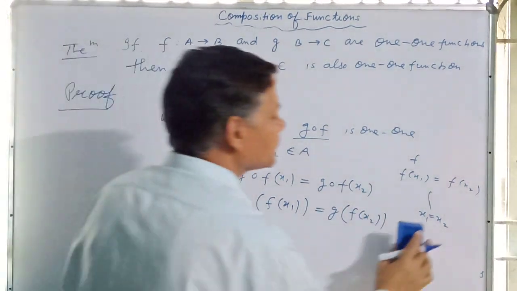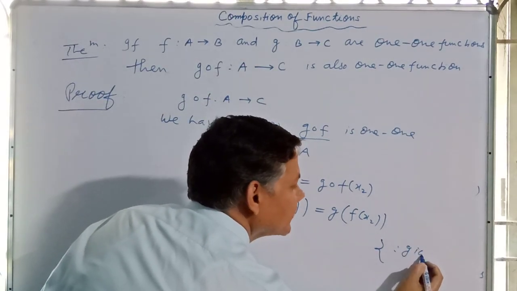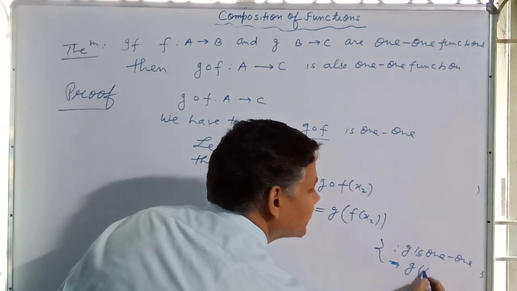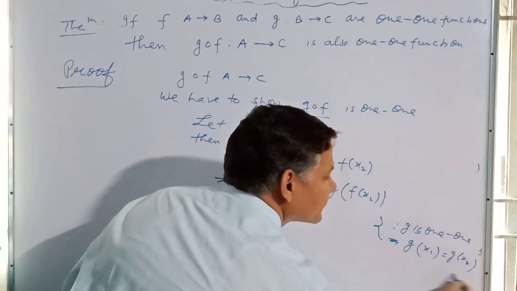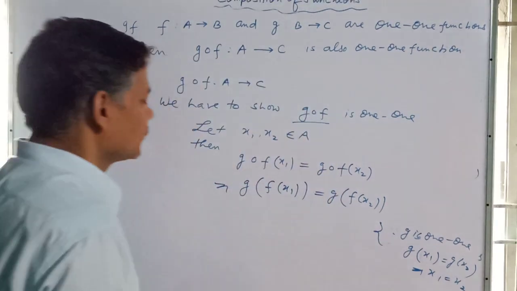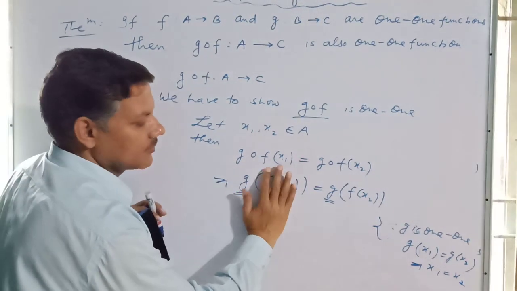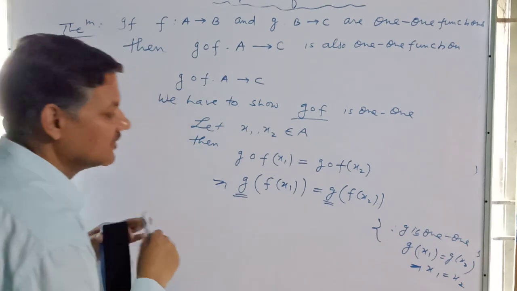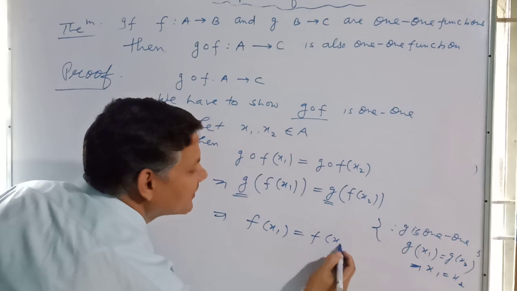Now g is what type of function? Since g is 1, 1, it implies g x1 equal to g x2 implies x1 equal to x2. So this is the g function. What's operated here? At the place of x1, here we have f x1, here we have f x2. Since g is 1, 1, it implies f x1 is equal to f x2.